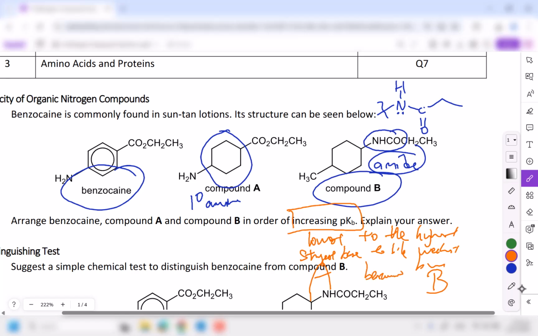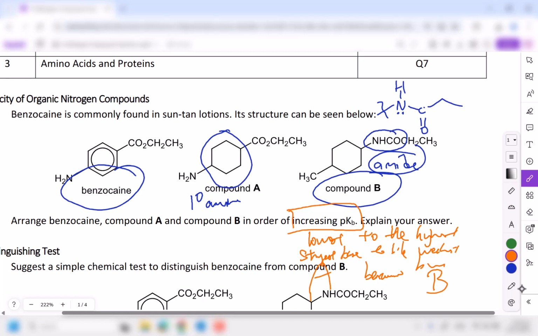The reason is that the lone pair of electrons is partially delocalized into the phenyl ring, so it is less available to coordinate to an H+ or to a Lewis acid as compared to that of compound A. Then for compound B, it is not available at all because the lone pair of electrons is largely delocalized across the C=O pi system. So therefore it can't act as a base.